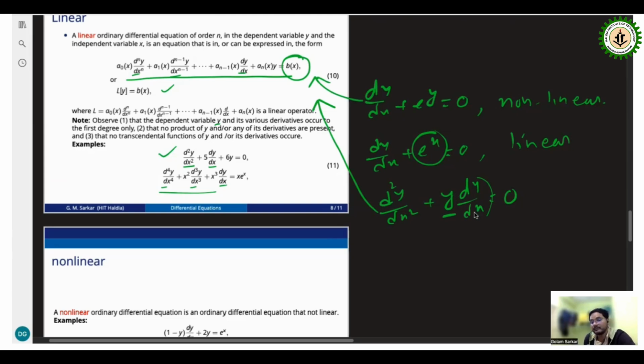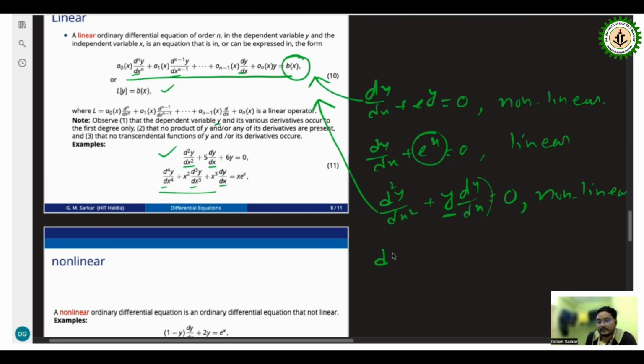So if in a differential equation the dependent variable and its derivative are in product form, that type of equation is called nonlinear.